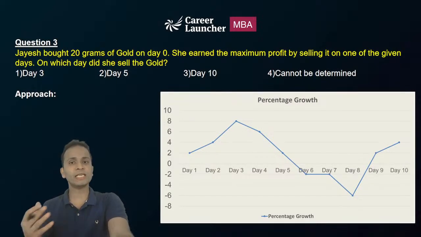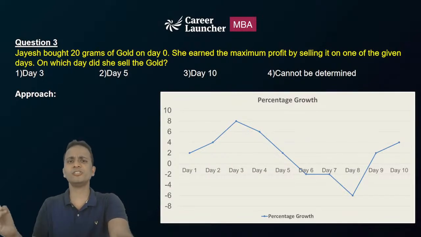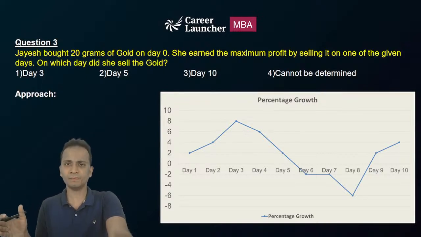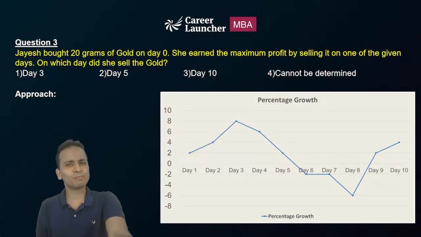Using a calculator you will have to check every day's price. You will have to insert the value of the previous day and apply the percentage change, whether it is an increase or decrease, and calculate the value of gold on every day. And you will sell the gold on the day when the price of gold is maximum, right? But is this the correct approach?